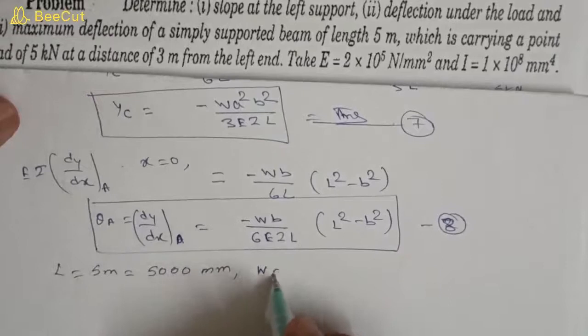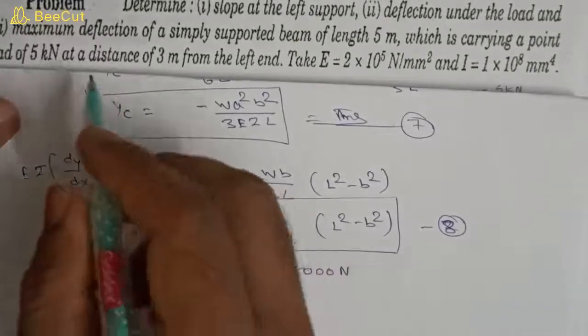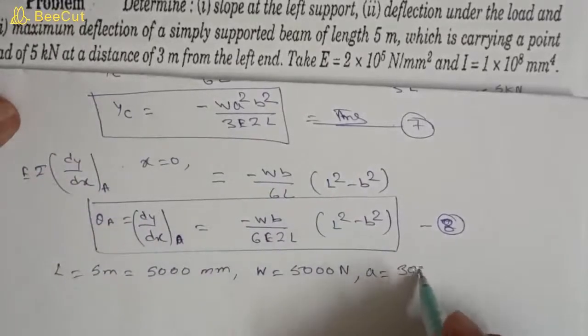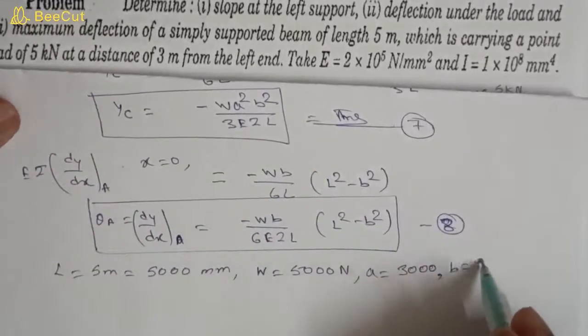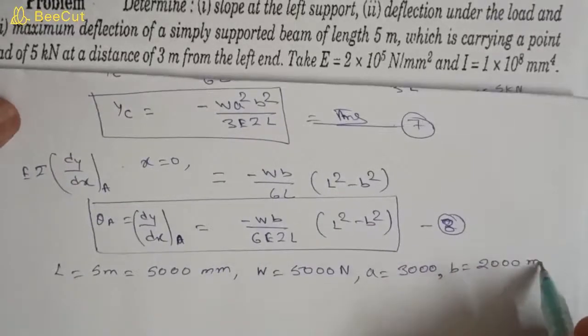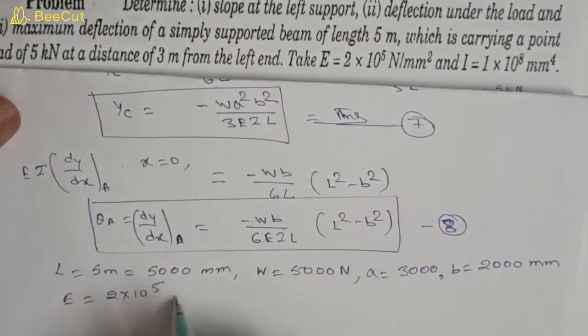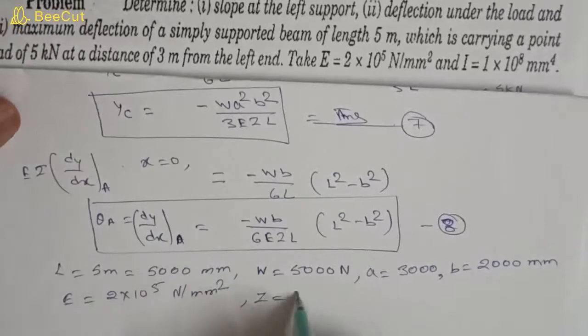So W is 5000 Newton at a distance of 3 meter. So A is 3000 mm, B is 2 meter, equal to 2000 mm, and take E is equal to 2 into 10 to the power 5 Newton per mm square, and I is equal to 10 to the power 8 mm to the power 4.